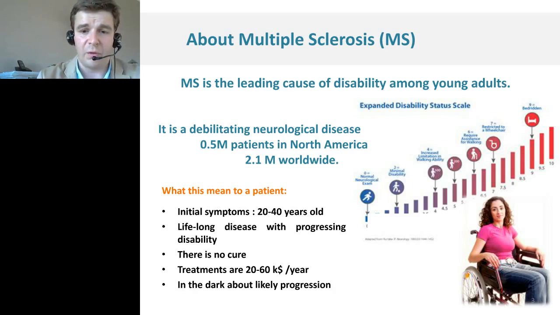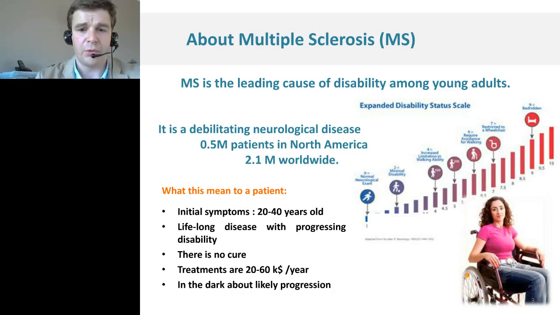but these treatments are very expensive. And more importantly, and I think we don't really realize what it means to patients, but patients are totally in the dark about the progression. And if you think about it, it's extremely difficult to have a disease where you don't really understand why you have MS, even if we know that genetic factors are very important.